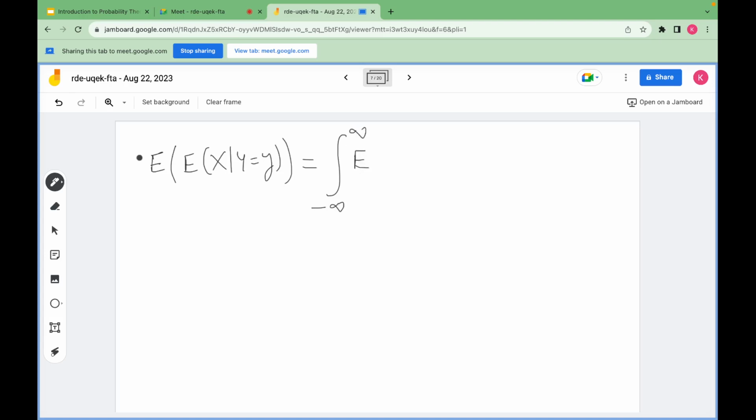This is the integral of E[X given Y] times f_Y(y) dy. We write this outer expectation; this is the function which depends on y, so we write the probability function for y and integrate it with respect to y.